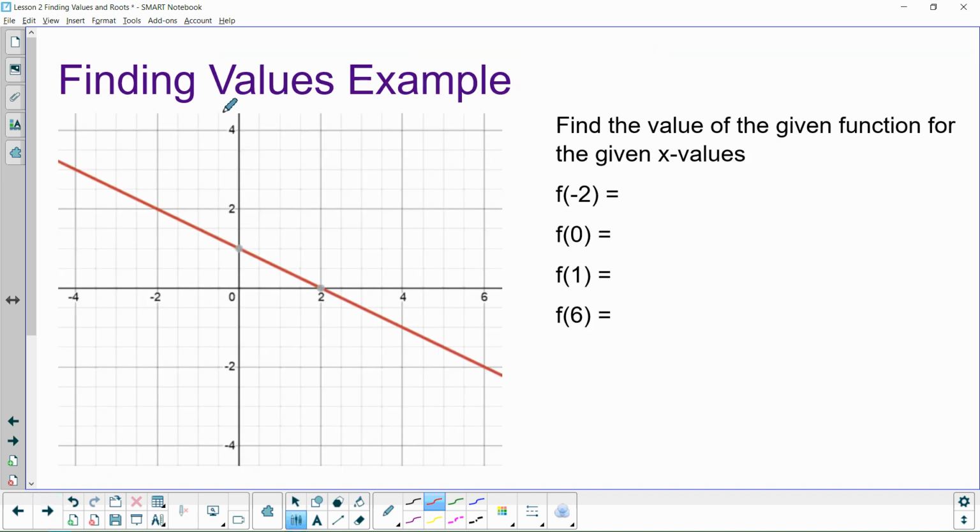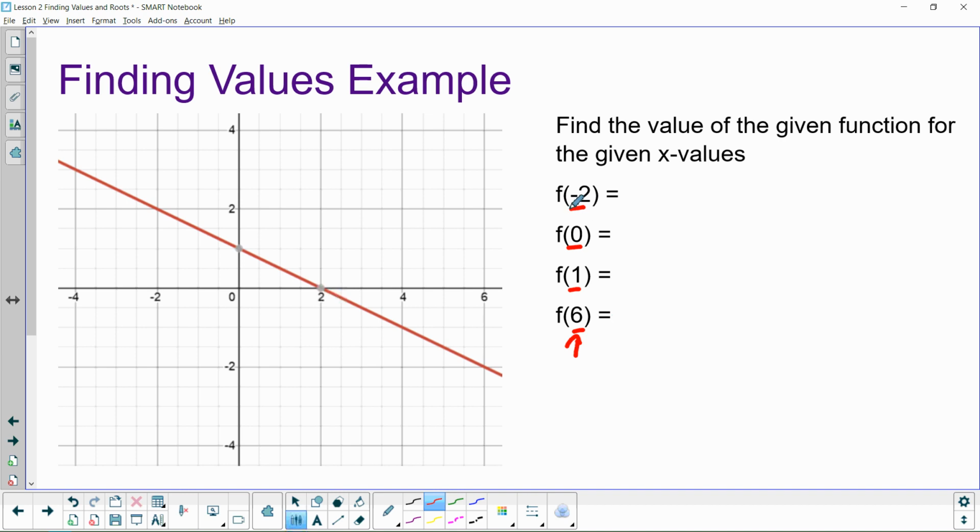We want to find some values on this wonderful linear graph, and they're written out here. So these numbers that are inside the functions are telling us what x values we want to go look at. And I'm asking you, when you get to this x value, what is the y value there? How high up or far down is the graph at that x location?